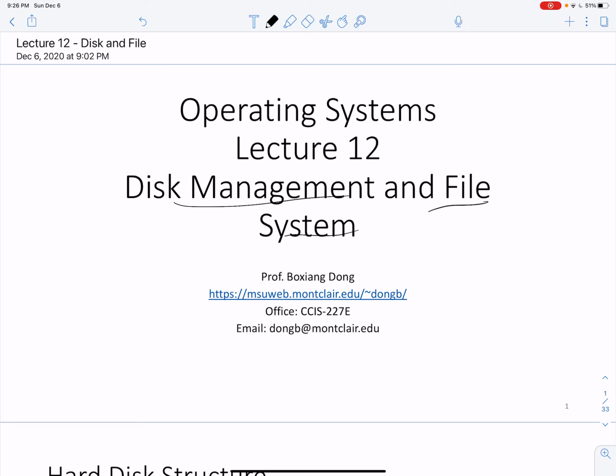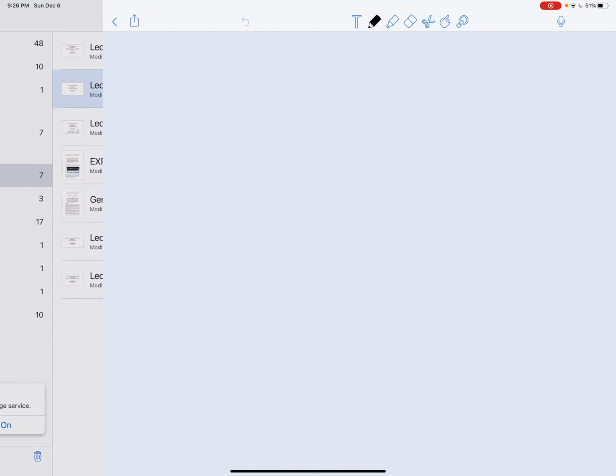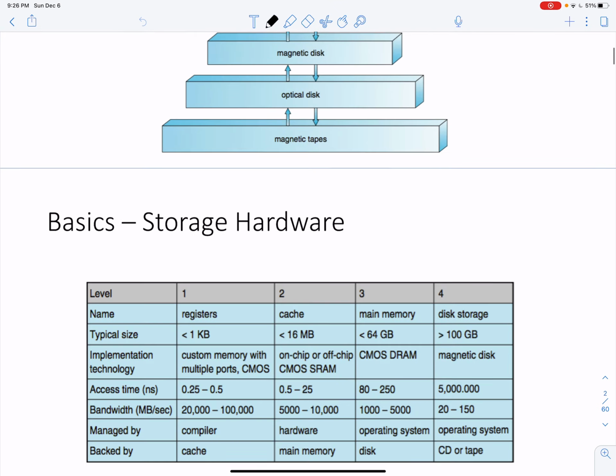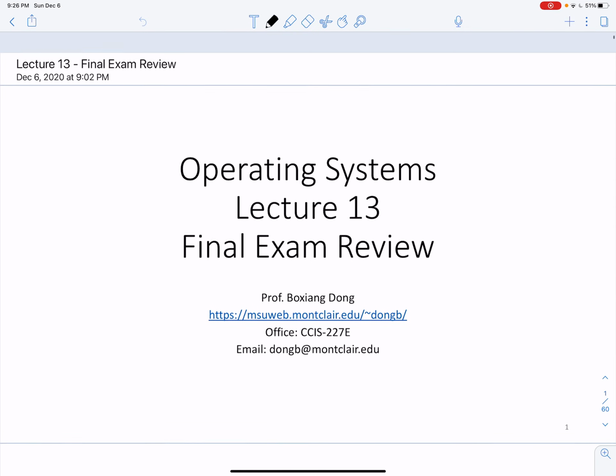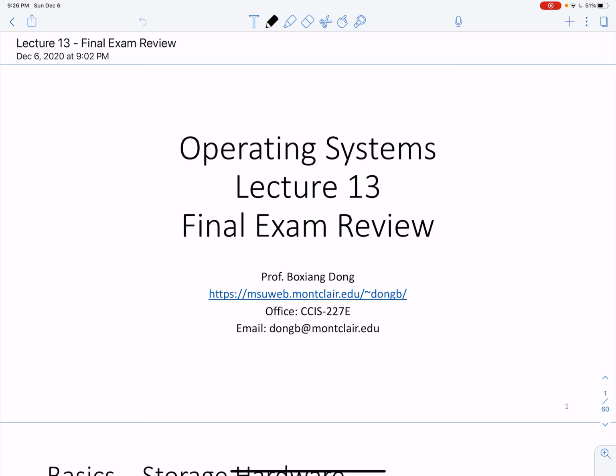And also, to prepare for the final exam, I prepared slides for you. So when you prepare your final exam, you only need to focus on this one. The format of the operating system exam is pretty much like our midterm, but the content will be 20% on the content before midterm, and 80% related to content that we talked about after midterm.